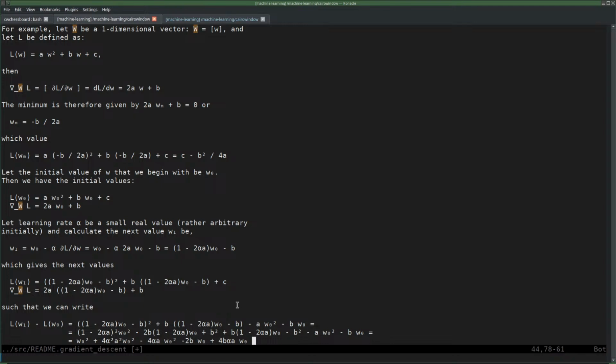Yeah, that's a b squared dropout. Plus b, minus 2b alpha a w0.